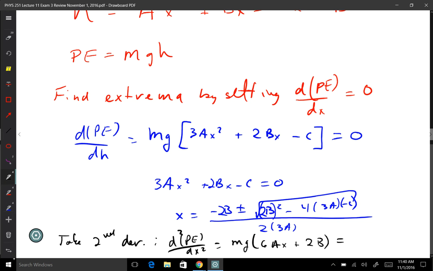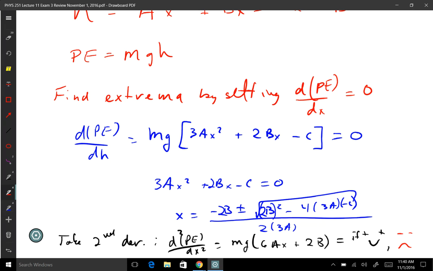If the value for this derivative when you put in the x is positive, then it's concave upward. If negative, then it's concave downward. So the negatives are going to be maxima, the positives are going to be minima.